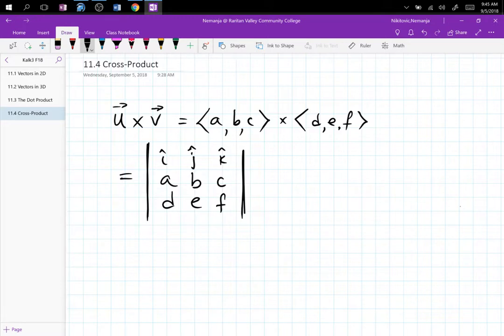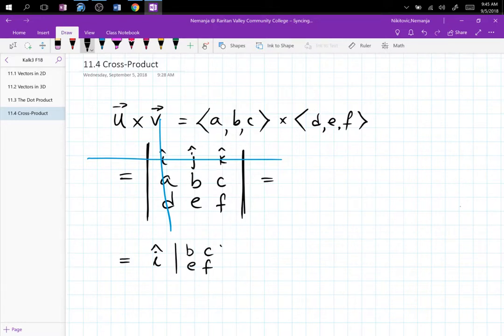So the determinant of the matrix is computed this way. We start with I, and if you start with I, that will kill the row and column. You are left with the 2 by 2 matrix B, C, E, F. Then we have minus J. This minus over here is usually a grade killer, so make sure you have the appropriate minus sign there.